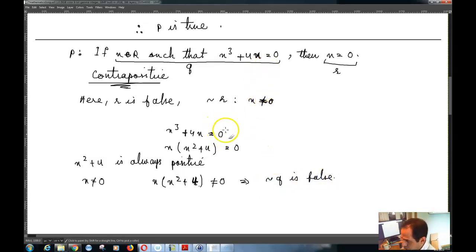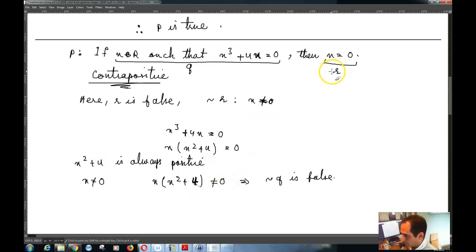If I say not Q, where Q is x cubed plus 4x equal to 0, if I take that to be true, then that means that not Q is actually true here, right?